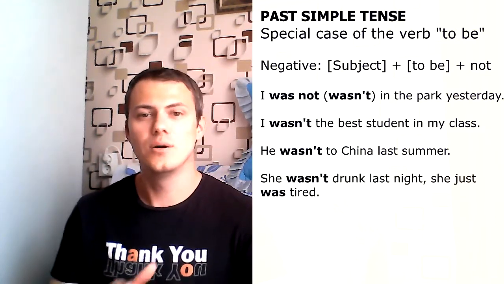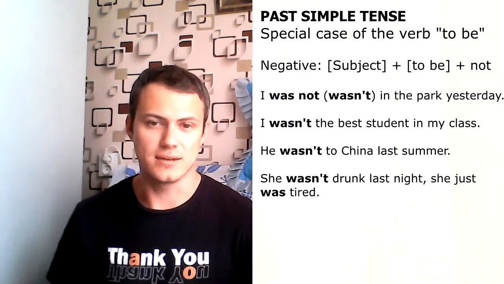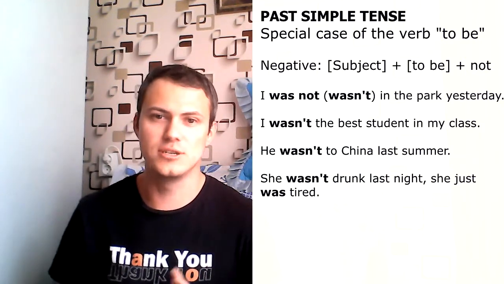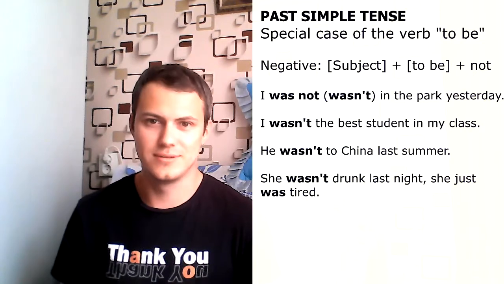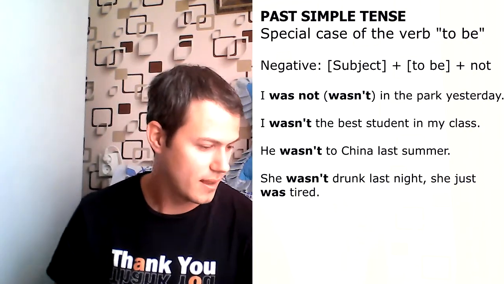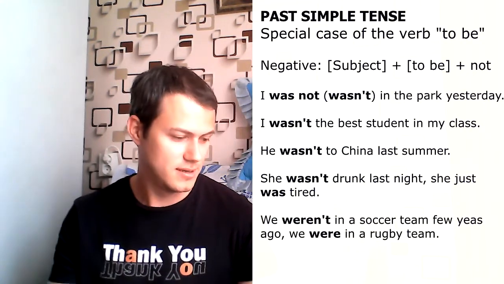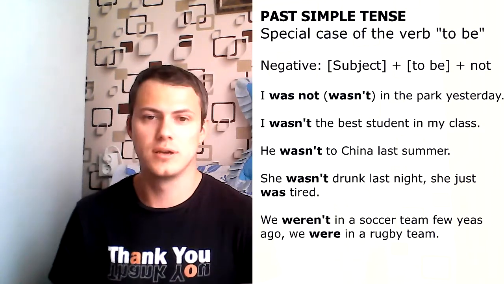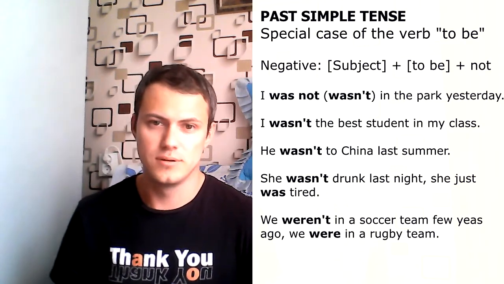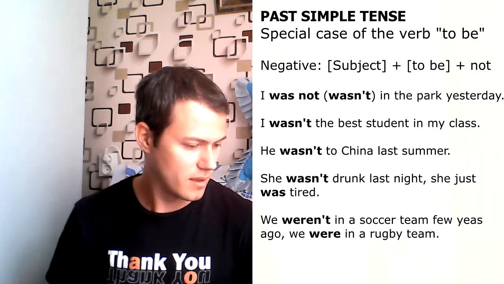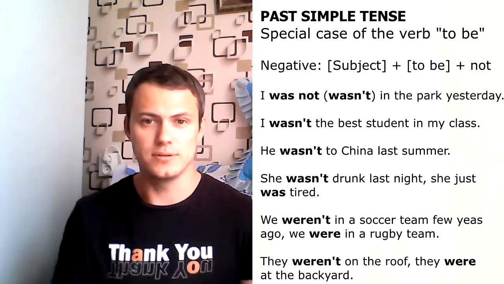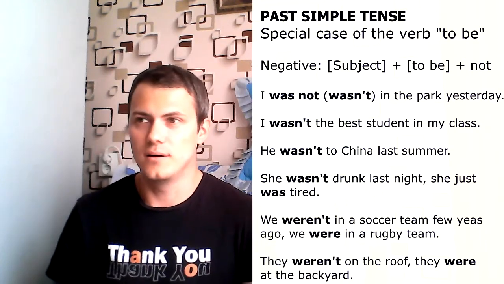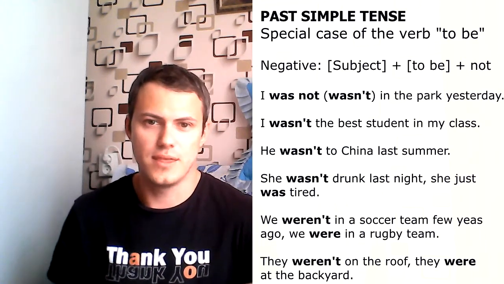She wasn't drunk last night. She was just tired, let's say. We weren't in a soccer team a few years ago. We weren't in a rugby team, for example. They weren't on the roof. They were at the yard, the backyard.